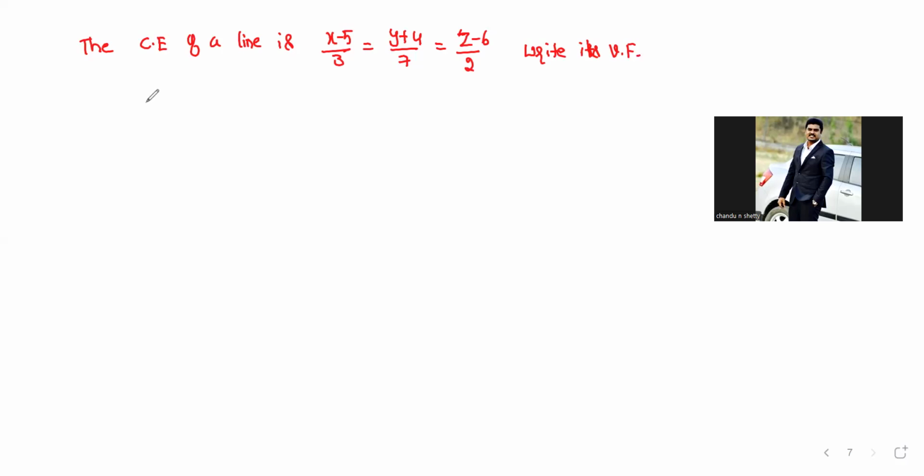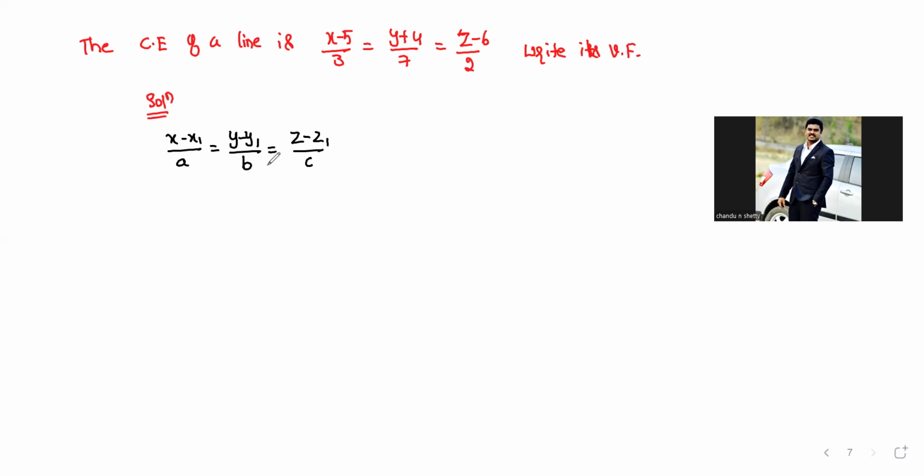Now we should observe, we know the Cartesian form equation easily: (x minus x1) by a, (y minus y1) by b, (z minus z1) by c.